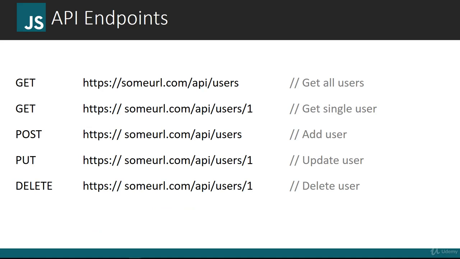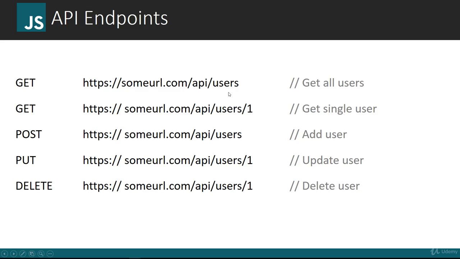All right, now when you have some kind of API, whether it's your own or whether it's an external API, you're going to have something called endpoints, and endpoints are the URLs that you access to do certain things. So a common endpoint to get users, let's say we had an API that allowed you to create, read, update, and delete users, you would make a GET request to something like someurl.com/API/users.